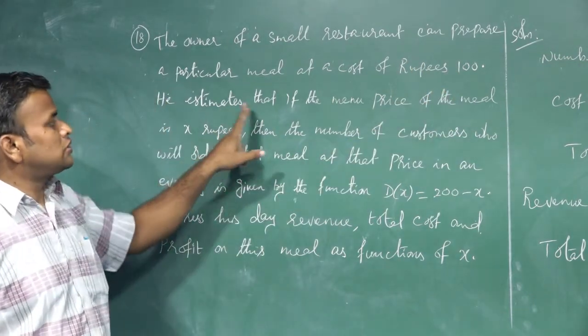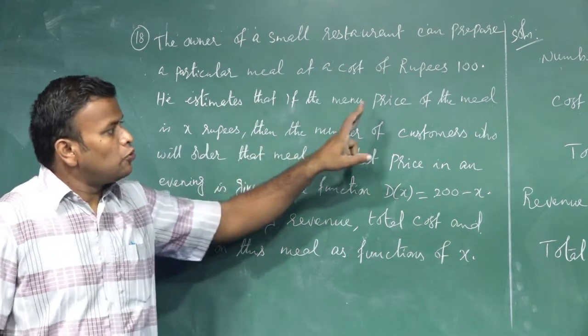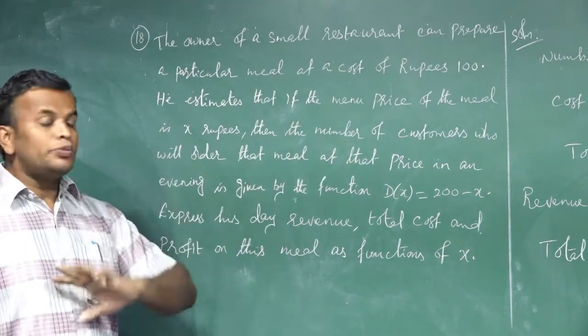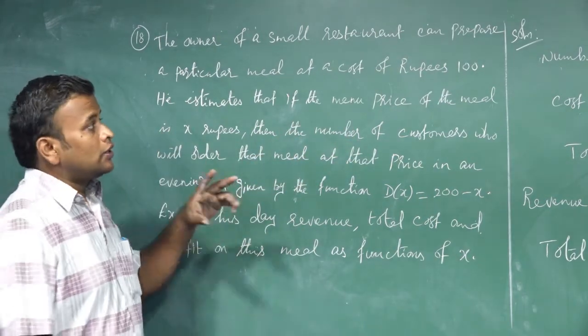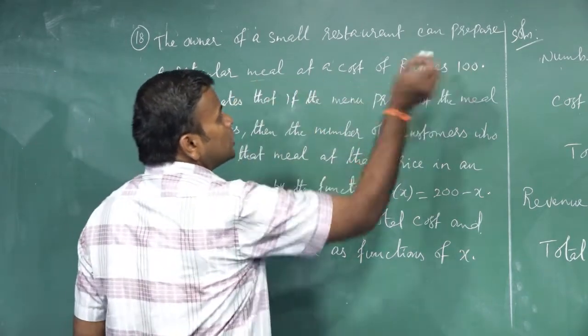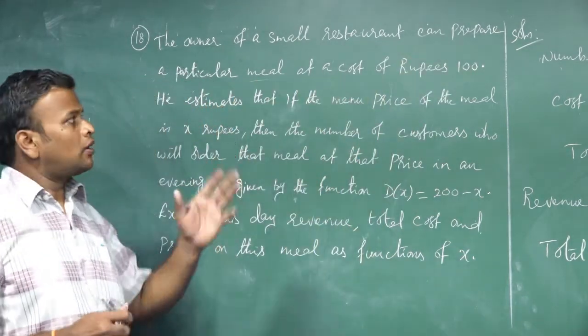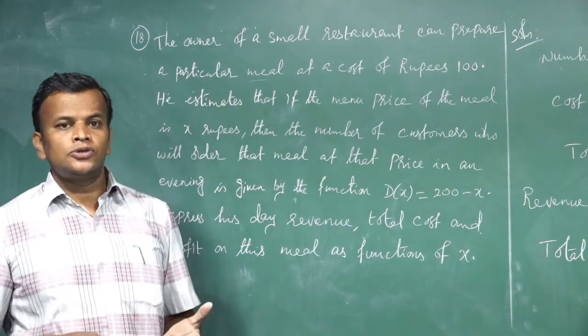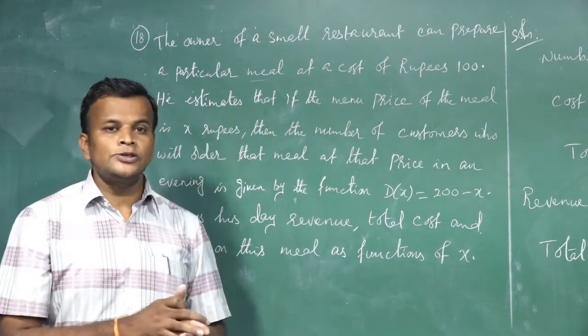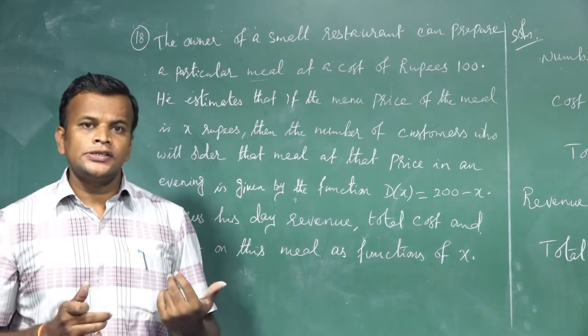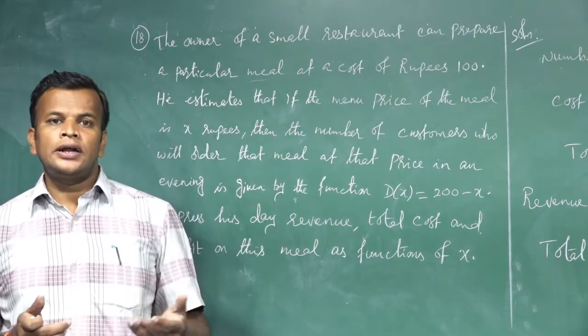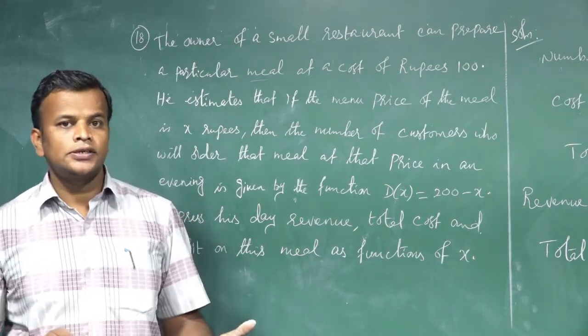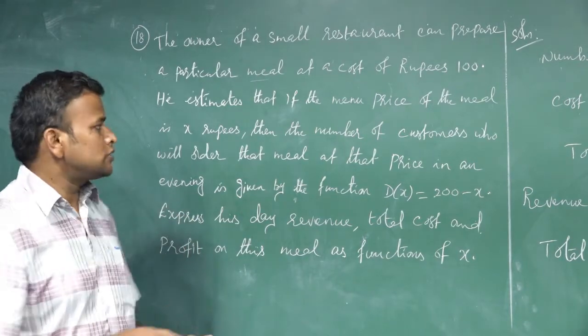Next, he estimates that if the menu price of the meal is X rupees, that is, the preparing amount is rupees 100. We sell always, the shop will run profitably. So the cost of preparing a meal is rupees 100. So he sells for some more, 110 or 120 or 150 like this. The amount value is not given, it is given as X.